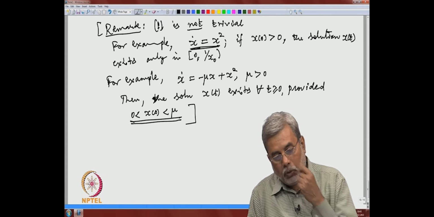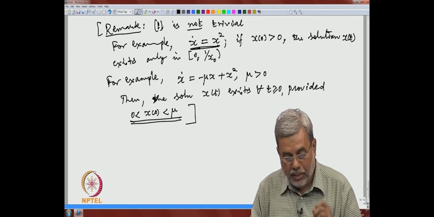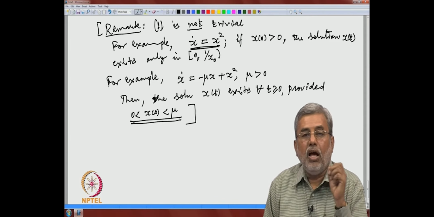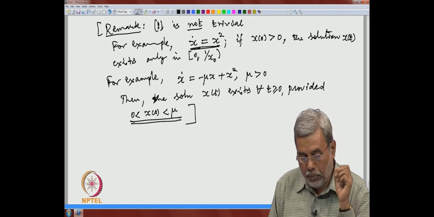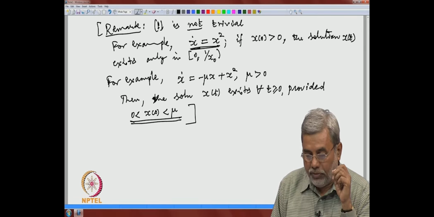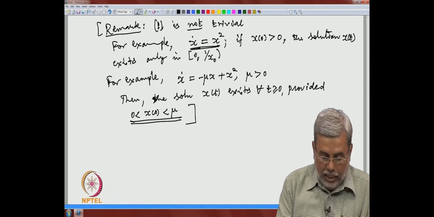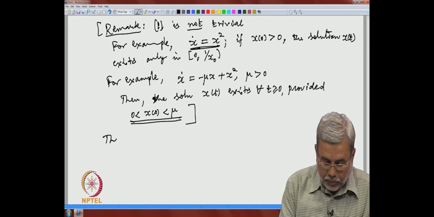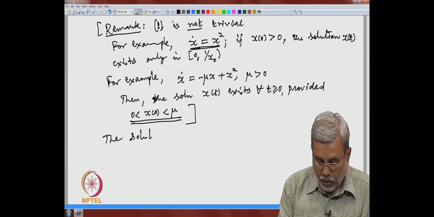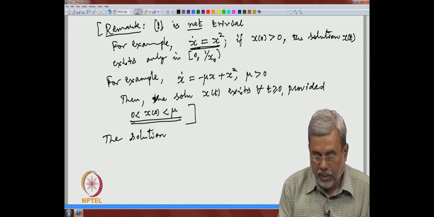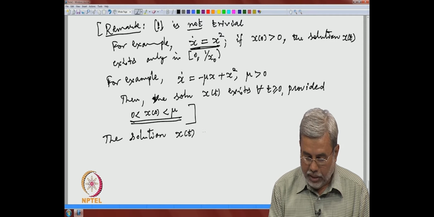So, now we want to exploit the hypothesis on A, namely the eigenvalues of A all have negative real part, in order to show that the solution exists for all time. The local solution, the solution which I know exists for short time, on (0, t star), x(t) satisfies.